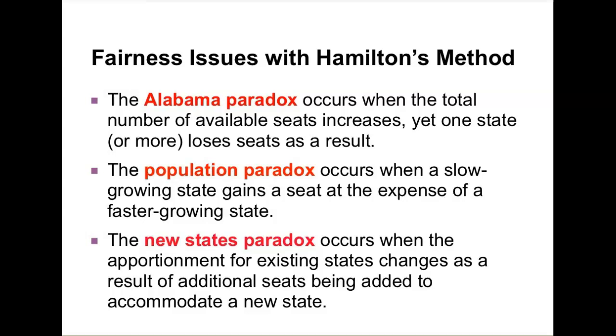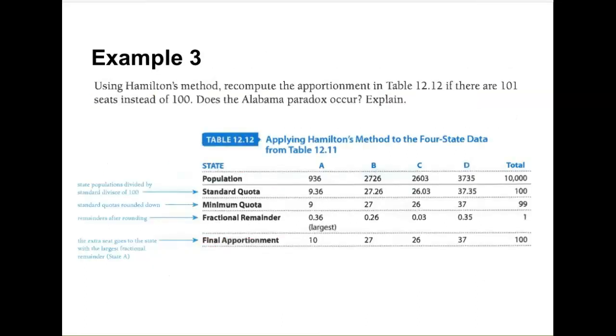I'm going to give you a situation in which we had this specific population. So we have 4 states. I'm going to have you copy down part of this table. We're going to call them states A, B, C, and D. And then in your first row, just write down the population of each state.